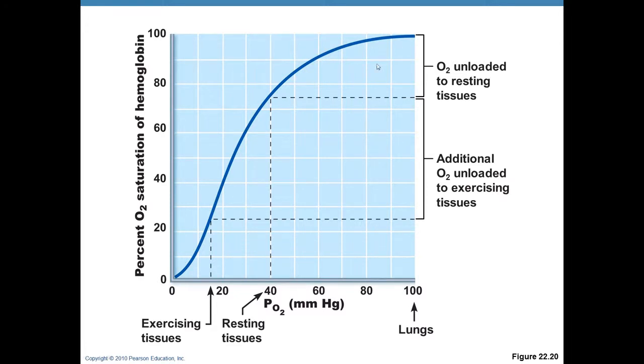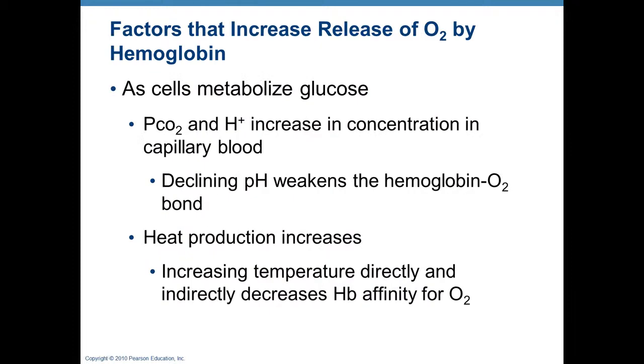But if you look when the blood passes through capillaries around resting tissues, that saturation is going to drop off to about 75%. About 25% of the oxygen gas molecules will be unloaded. But if you look in exercising tissues that are consuming a lot of oxygen gas, you're going to unload more of your oxygen gas from the hemoglobin and into those tissues. So your percent saturation will go down to about 25%.